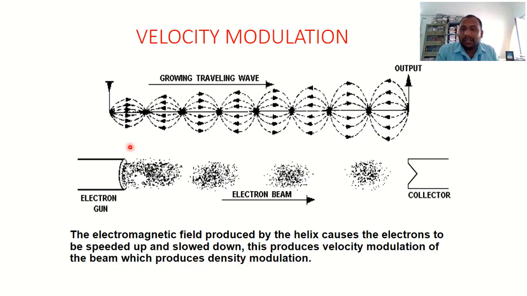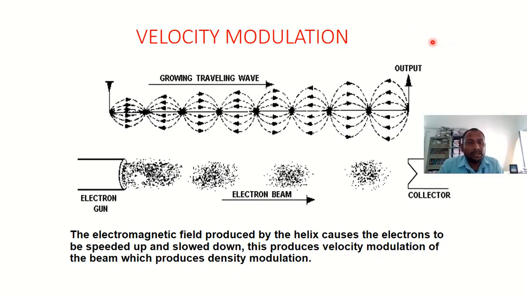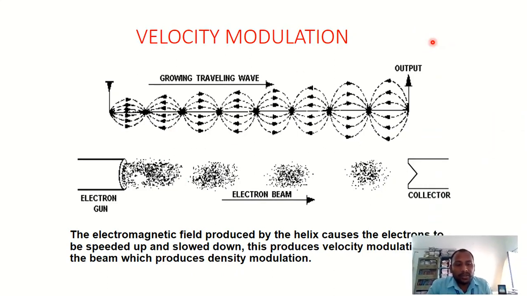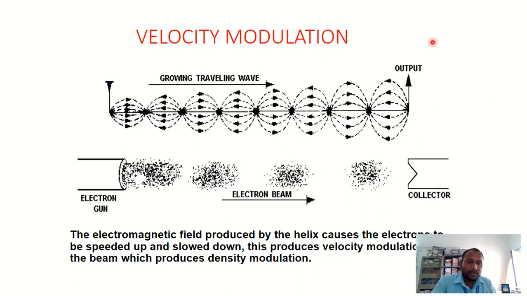Okay, so due to the velocity modulation, electrons become like bunches, groups of electrons. So here particularly electrons give up their energy to the field, so they slow down and become like a group, and those electrons are collected by the collector. So this is how the velocity modulation works in the traveling wave tube.